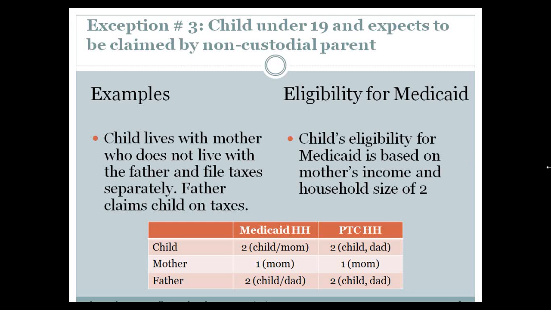The child's eligibility for Medicaid is based on the mother's income and a household size of 2, but the father's group, if you look down at the last line here, is 2, the child and the dad, because he's taking the child as a dependent on his taxes. When we do our walkthrough, that's the example we will use, so you can see a little more clearly how that works.